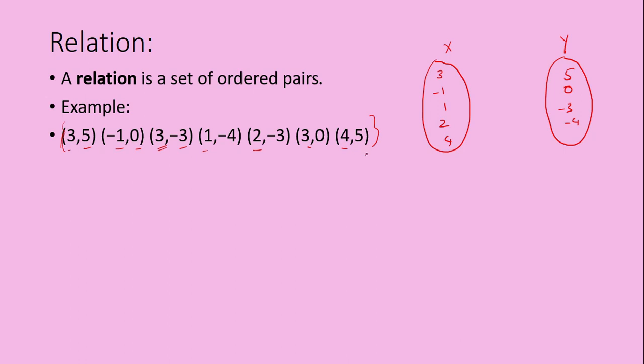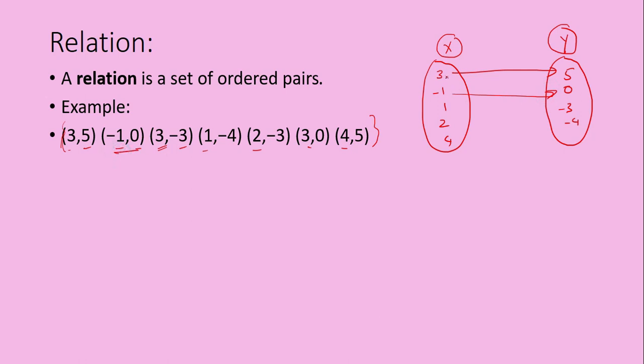Now we can see how the relation is working. The element 3 in x is mapped to 5 in y. So this is an ordered pair, the relation between 3 and 5. The set x is the set of all inputs, and y is the set of all outputs. Next, minus 1 is mapped to 0, that is the second pair.